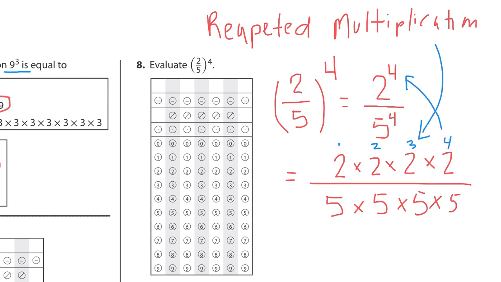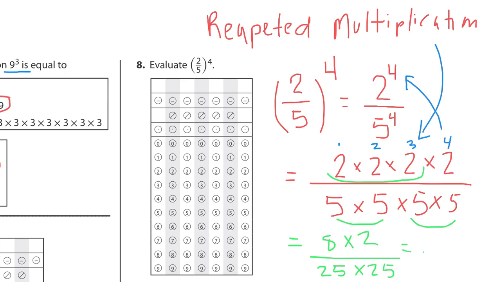Now, if you don't want to do this in the calculator, you want to solve this quickly, you should know that 2 raised to the third power is 8, times 2, and 5 times 5 is 25.